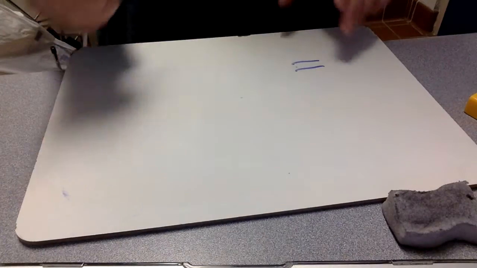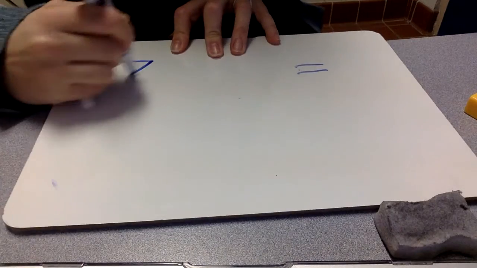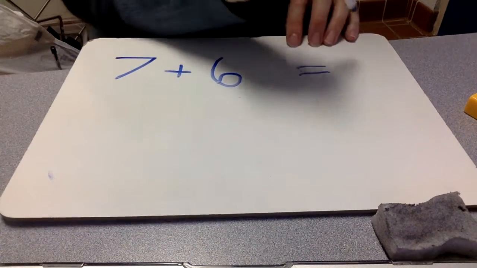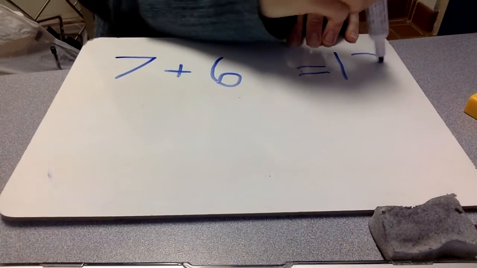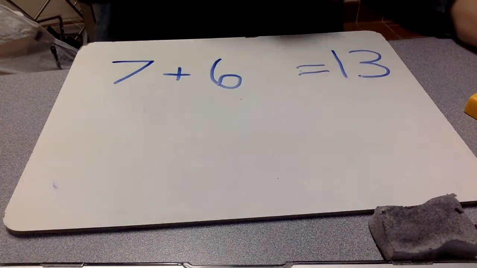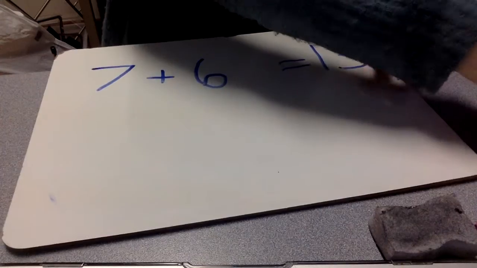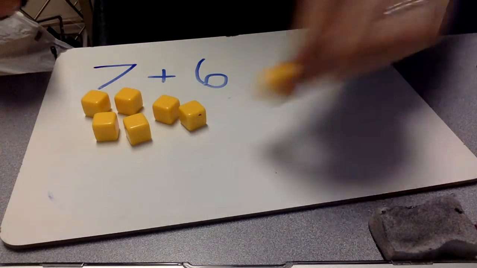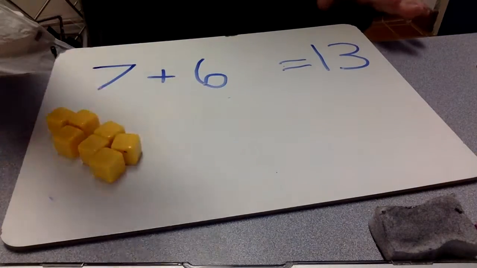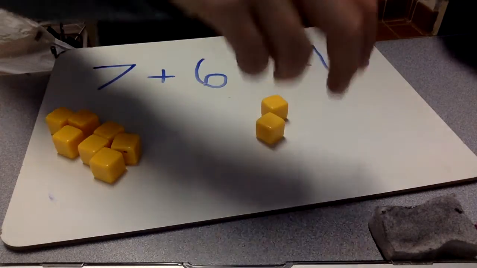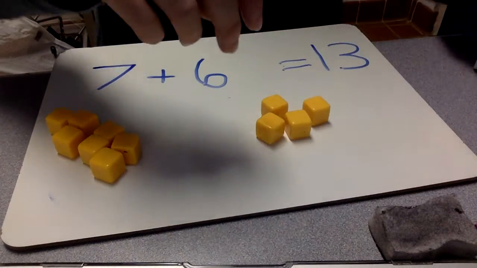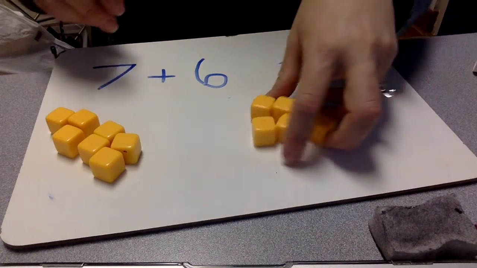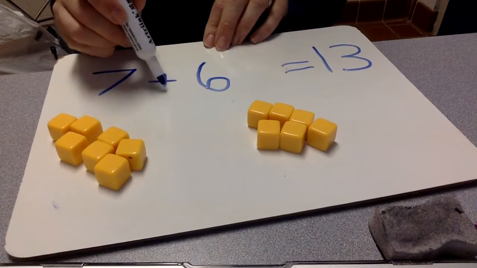All right, 7 plus 6 equals 13, it says. So let's find out. We have 1, 2, 3, 4, 5, 6, 7. And we have 1, 2, 3, 4, 5, 6. We see this sign.